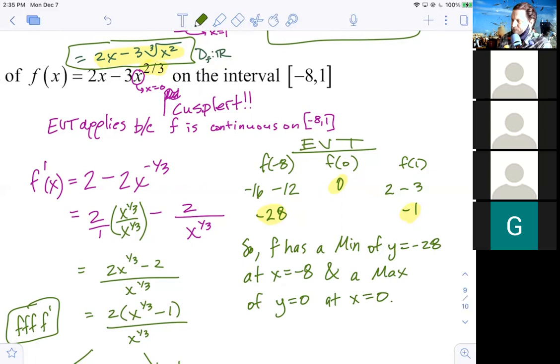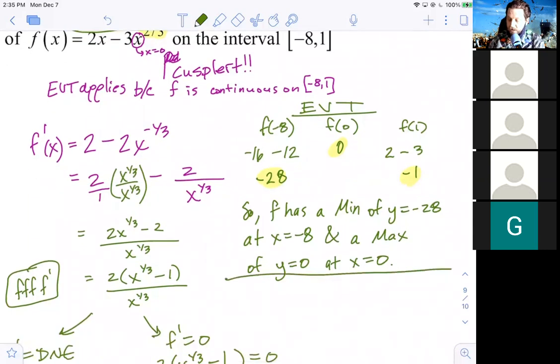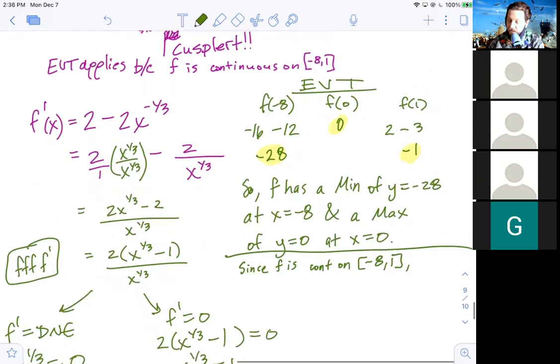Oh, by the way, how would we know that somewhere on this interval also the y value is -10? IVT. Let's review that since we're right here, okay? Since f is continuous on the closed interval from -8 to 1, and if I did mention -10, -10 falls between the y values of the endpoints. So for the IVT, it's about the inequality.